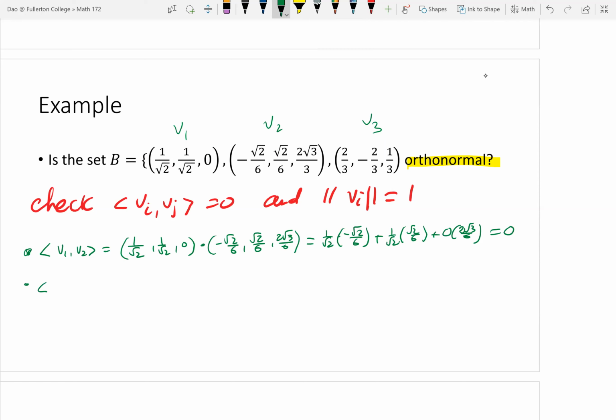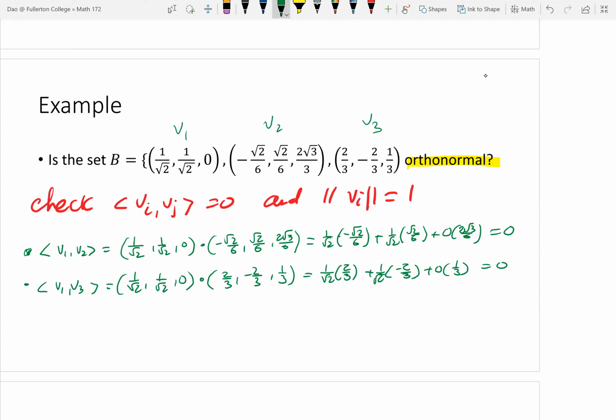Next, take v1, v3, which is (1/rad 2, 1/rad 2, 0) dotted with (2/3, minus 2/3, 1/3). So you get 1/rad 2 times 2/3 plus 1/rad 2 times minus 2/3 plus 0 times 1/3. So that also is 0.